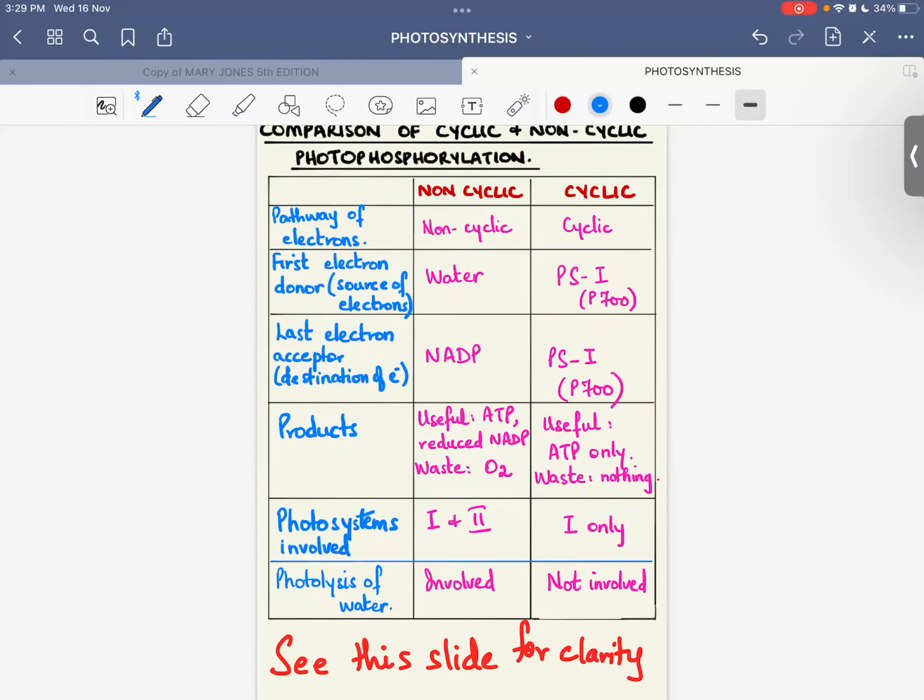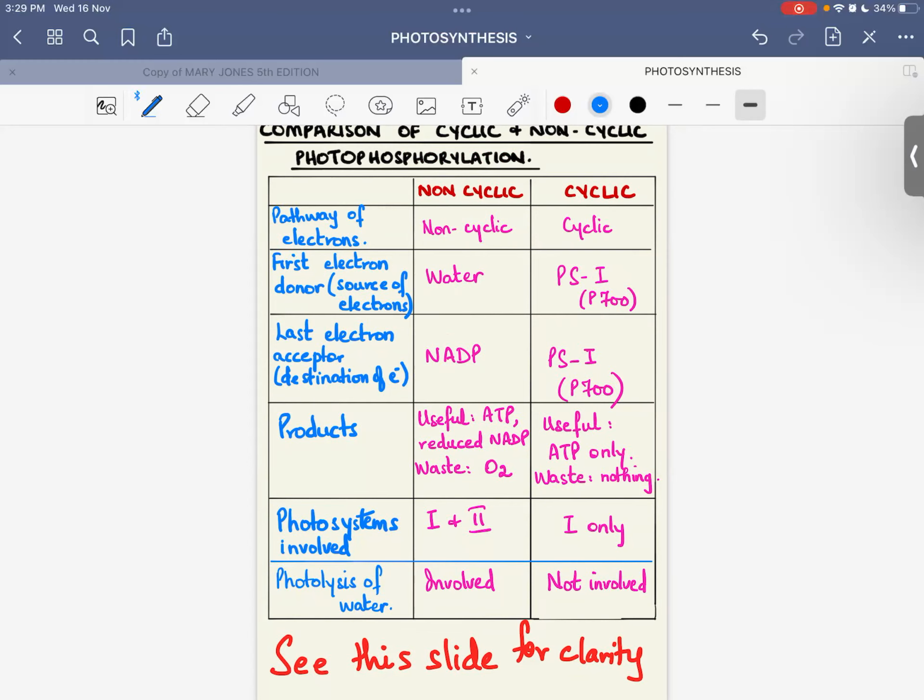ATP है, it's reduced NADP, and the waste product is oxygen. Oxygen is a waste product of photosynthesis, and the useful product for cyclic is ATP only. There's no waste product.